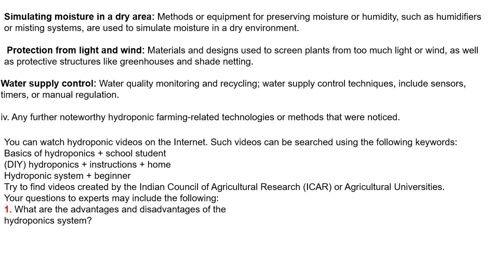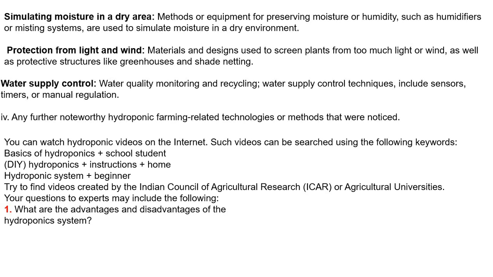Water supply control: water quality monitoring and recycling. Water supply control techniques include sensors, timers or manual regulation. Any further noteworthy hydroponic farming related technologies or methods that were noticed.